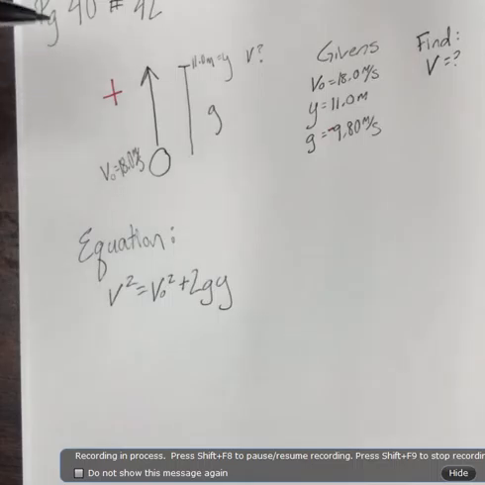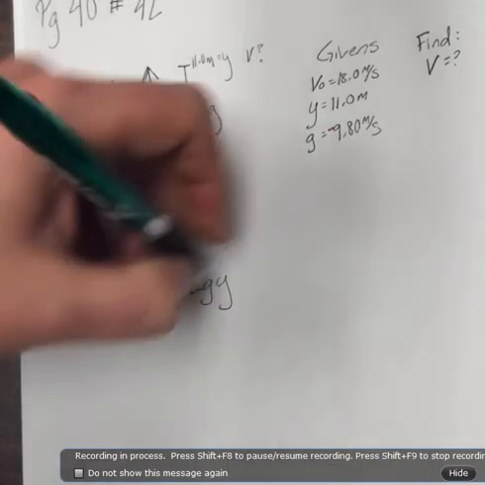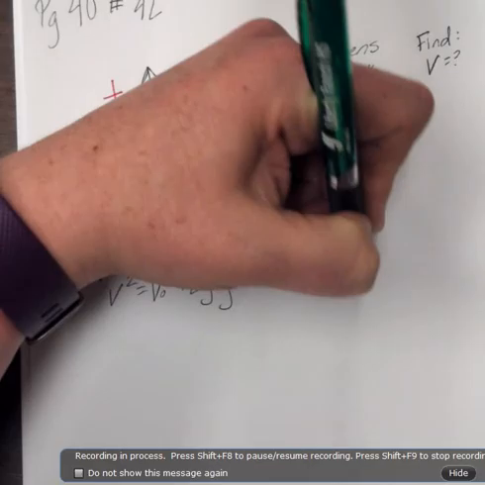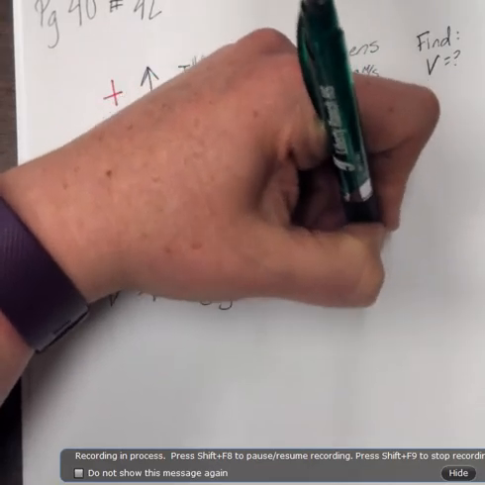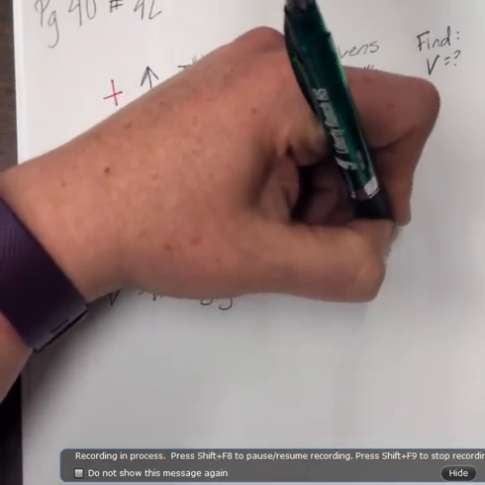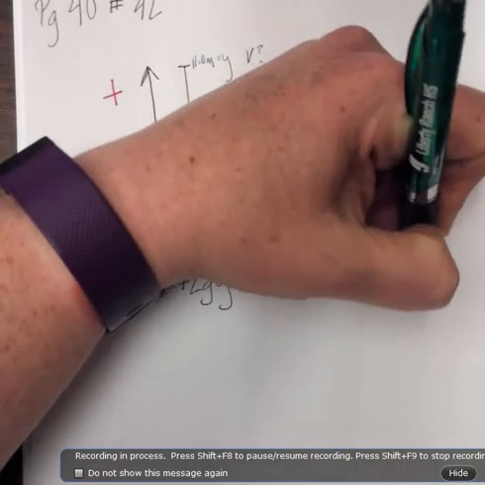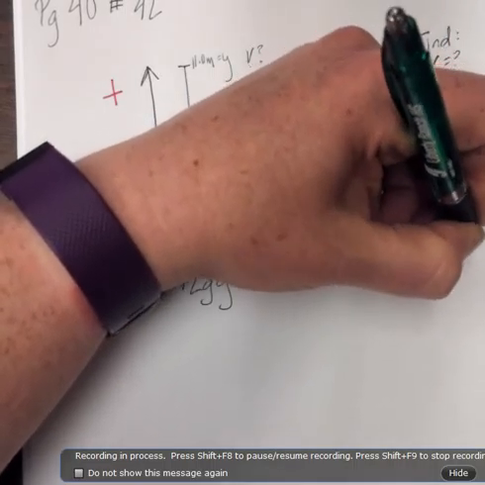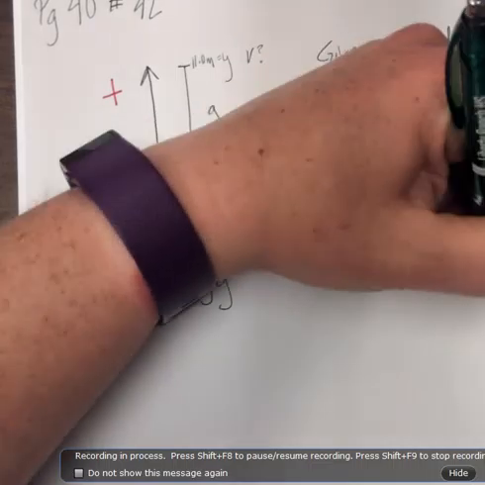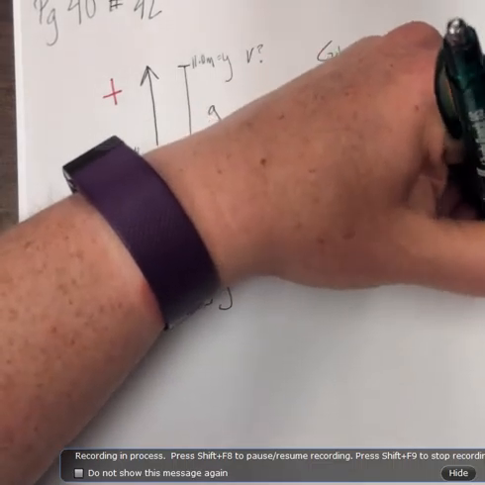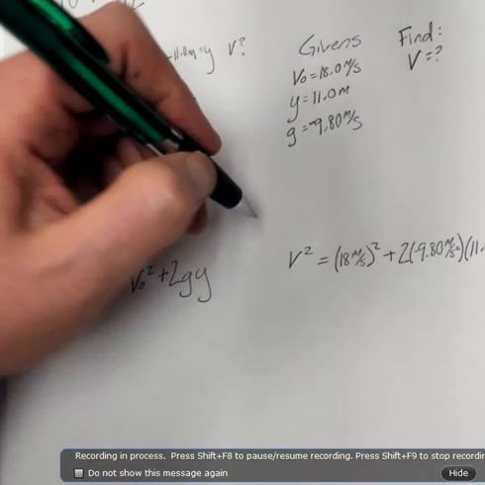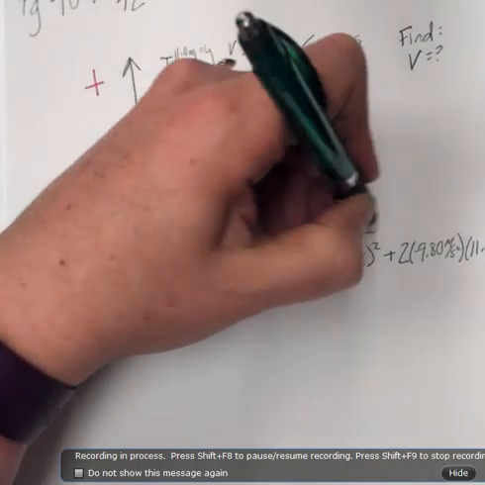And then we can plug in our values to solve. So v squared is going to equal 18 meters per second squared plus 2 times negative 9.80 meters per second squared times 11.0 meters.